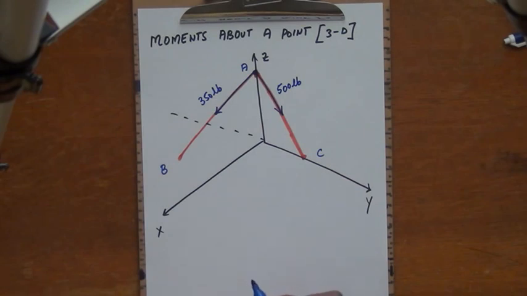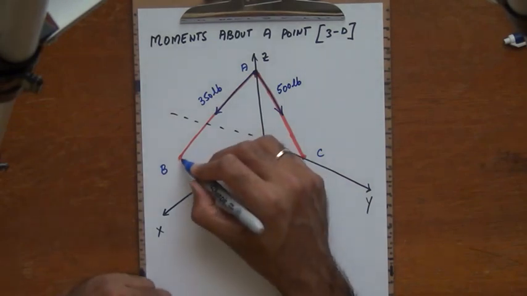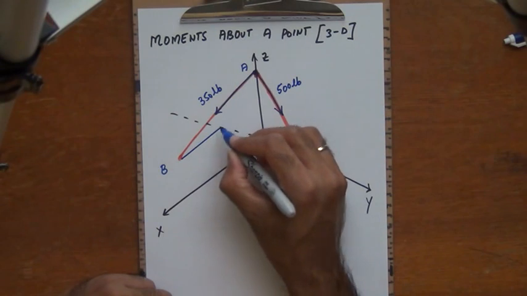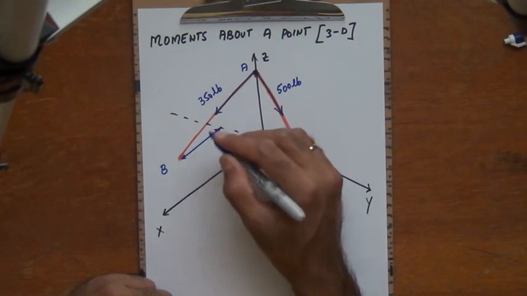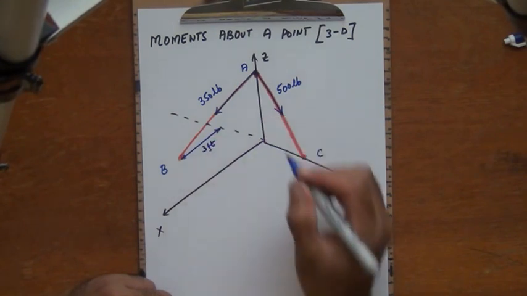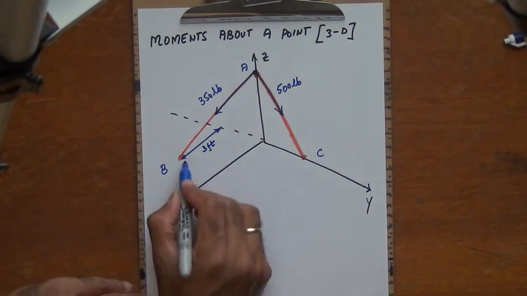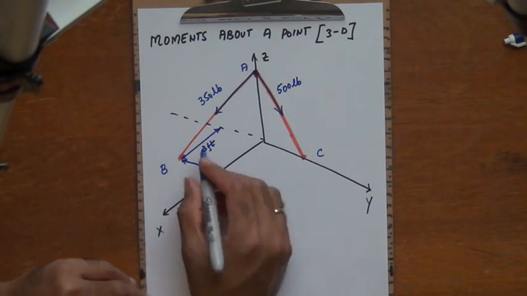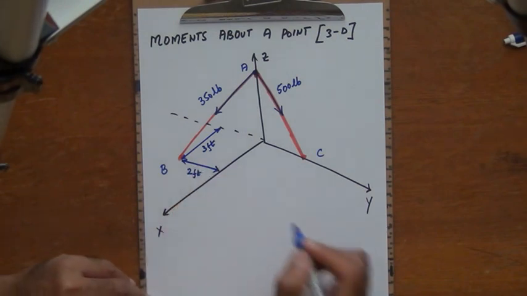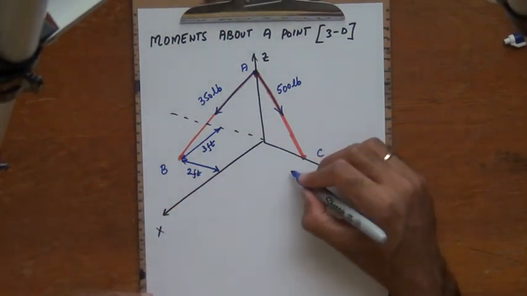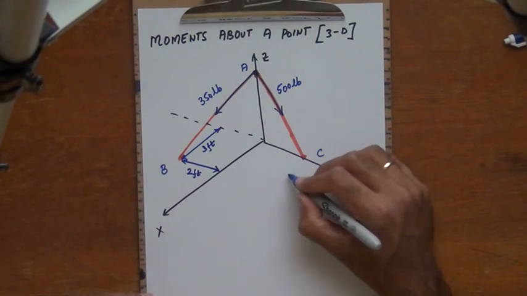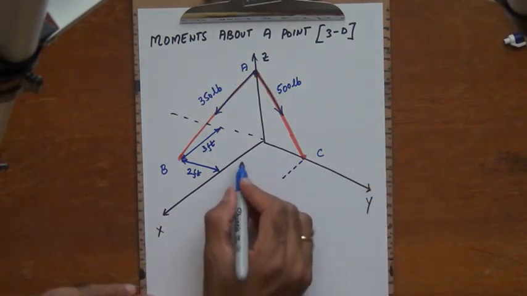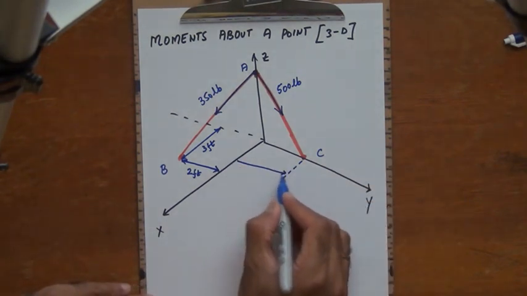Then the location of points B and C are given to us. Point B is at a distance of 3 feet along the positive x direction. It is at a distance of 2 feet along the negative y direction. And it is sitting on the xy plane. Point C here is at a distance of 8 feet from the x-axis. Of course, as you can quite clearly see, this is not drawn to scale.